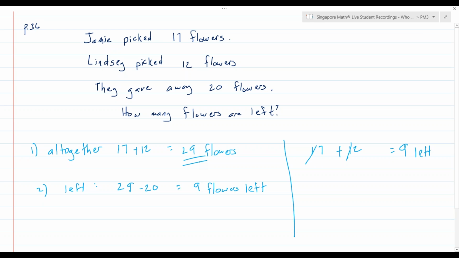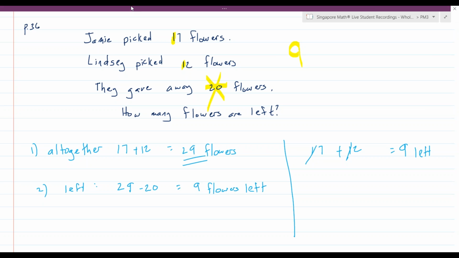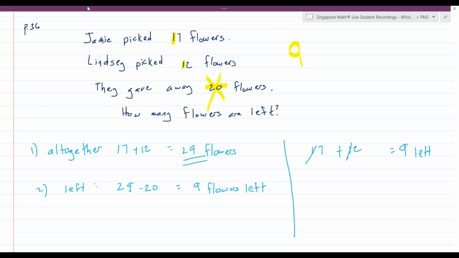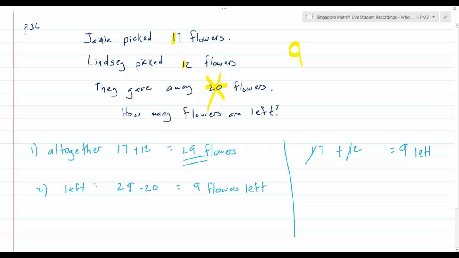We actually didn't. We could look at the numbers and realize that if we got rid of the 20, that there are 9 flowers left. I like that. I like thinking about the problem and understanding what to do and maybe doing it in sometimes a little bit of a unique way.